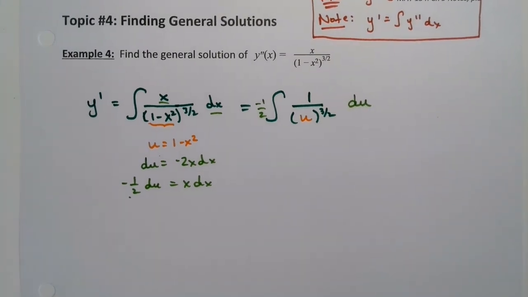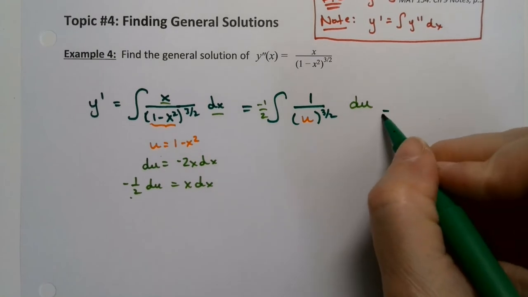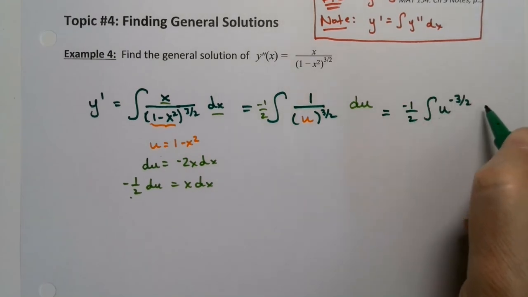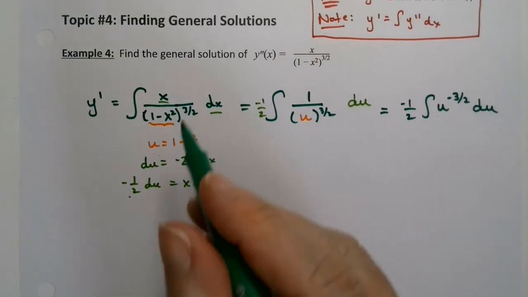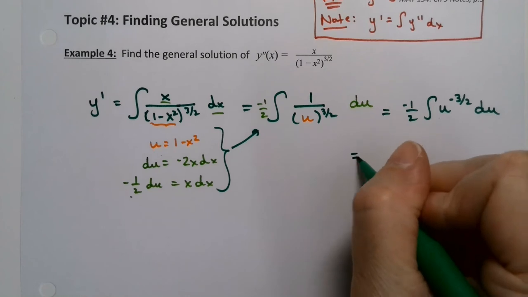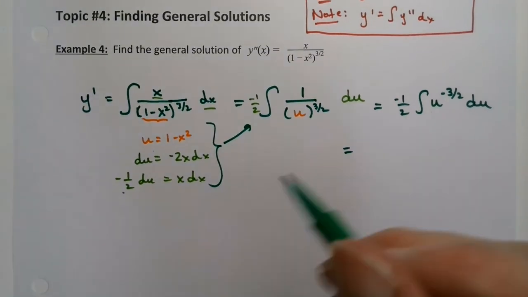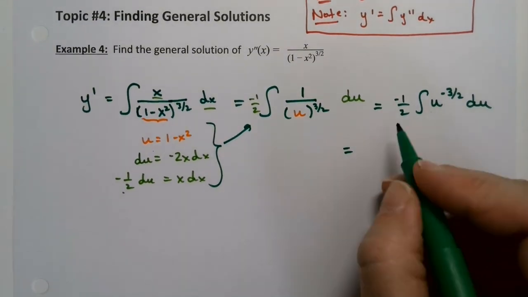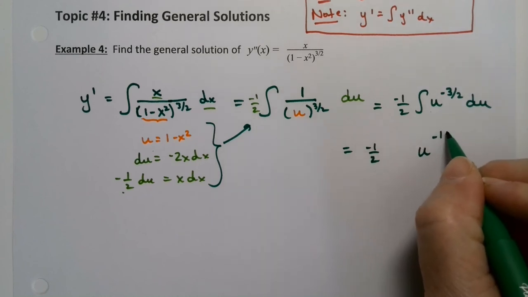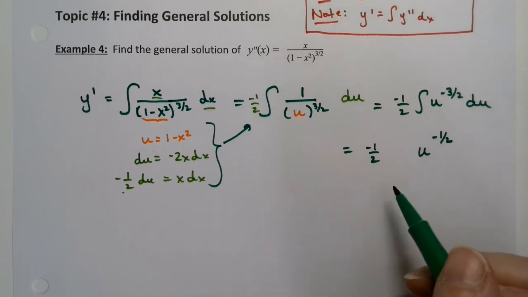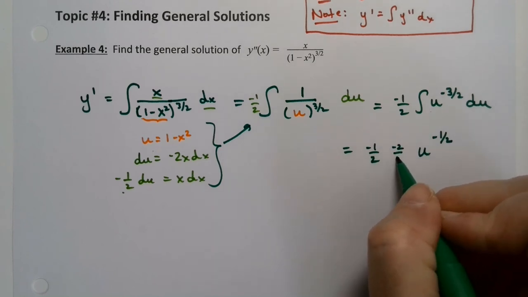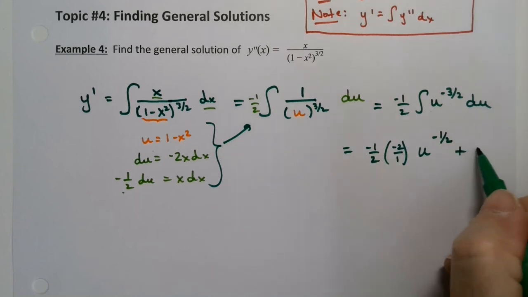That's the same thing as negative 1/2 u to the negative 3 halves du, which is equal to, and then we're going to add 1 to the power, so negative 1/2. Add 1 to the power makes it u to the negative 1/2. Then you multiply by the reciprocal of that new power, so negative 2 over 1, plus C1.